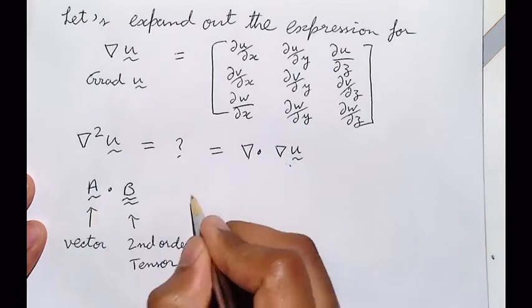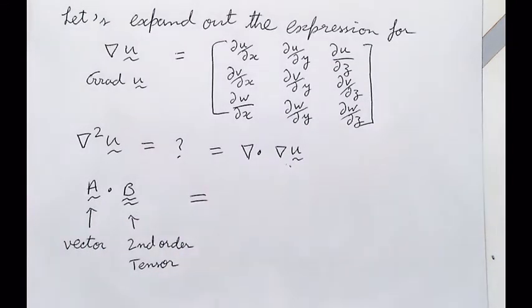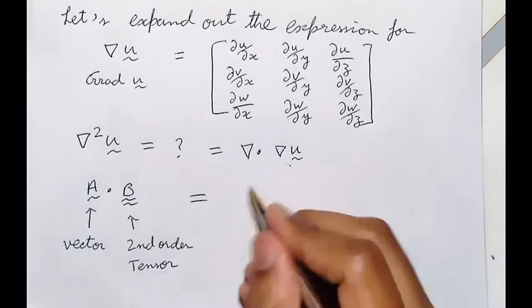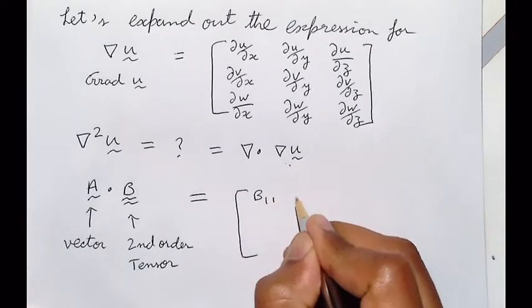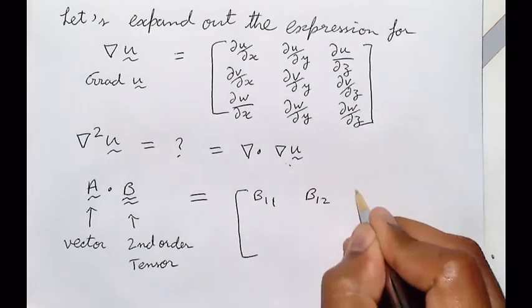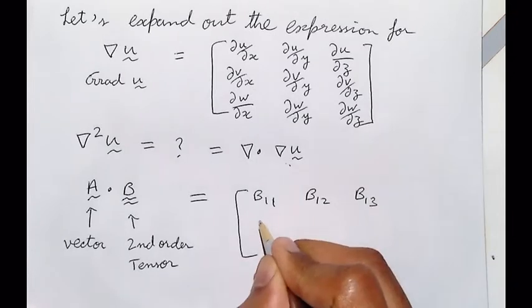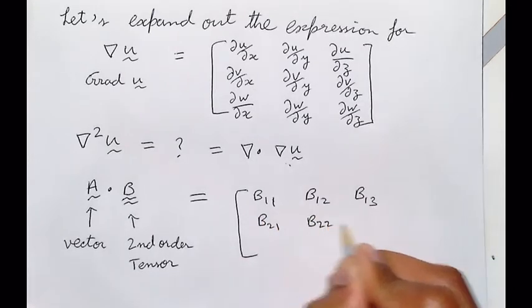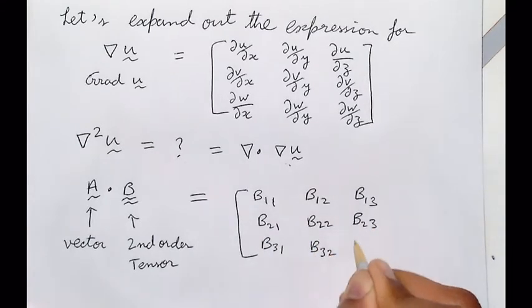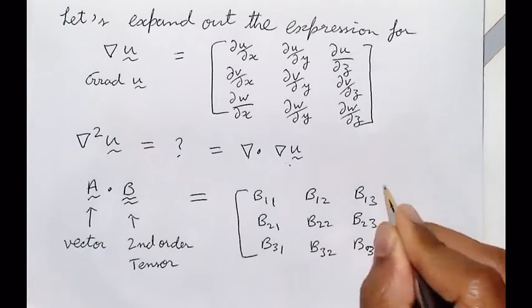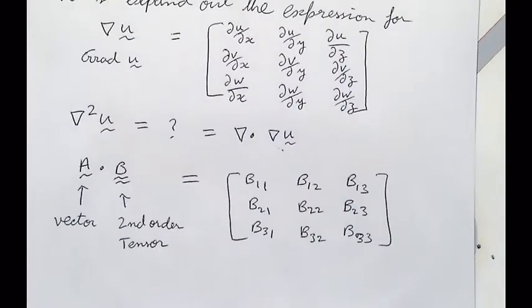Do you know how to write this out? So B is a matrix with 9 numbers. B is 3 by 3: B11, B12, B13, B21, B22, B23, and so on up to B33. And then, where does A go? A1, A2, A3.